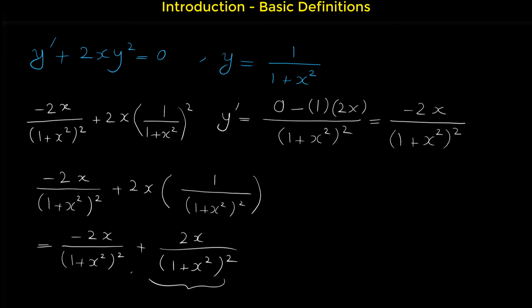Because the denominators are the same, if we add the numerators, they cancel each other. Negative 2x plus 2x is 0. So this shows that this equals 0, and so this function is a solution for this differential equation.